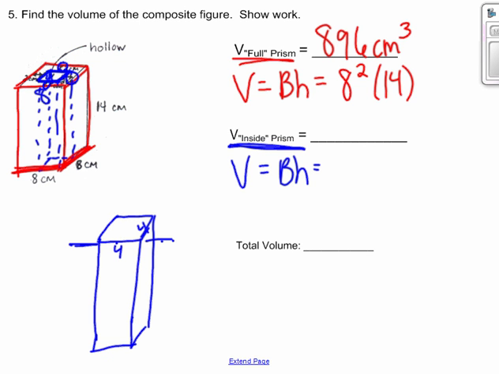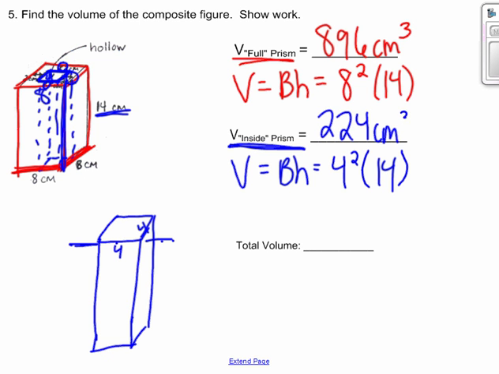So the area of the base here is side squared, so 4 squared. And with the height, since it goes through that whole prism, that's going to stay the same. That's going to be 14. So when you multiply, you get 224 centimeters cubed. So then to find the total volume, this is hollow, that blue, so I need to take that away from my full prism.